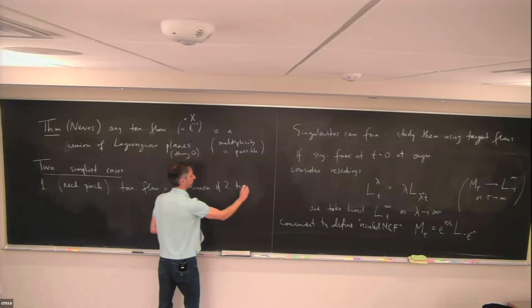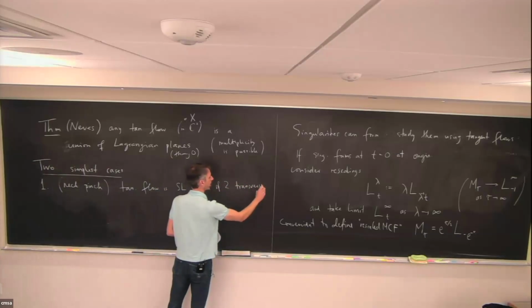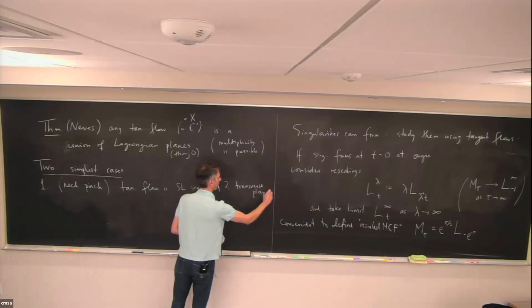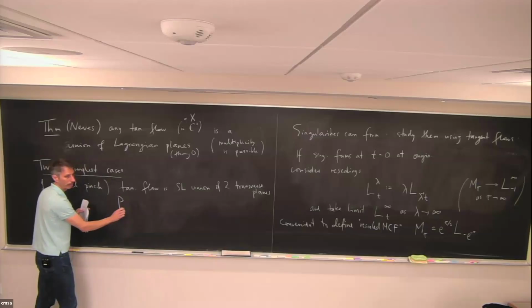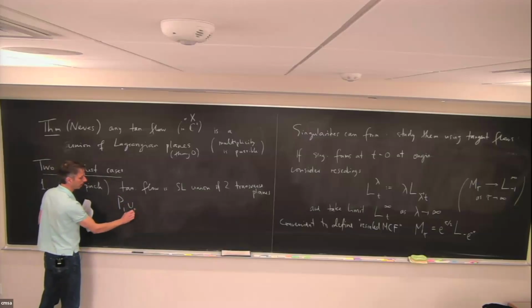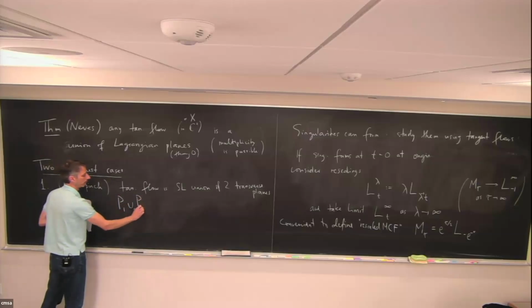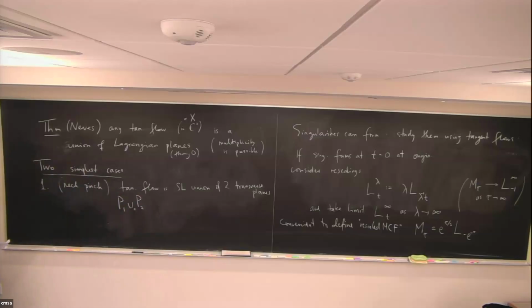And let's say two transverse planes. From now on, I'll write P1 union_0 P2. So they meet only at 0.